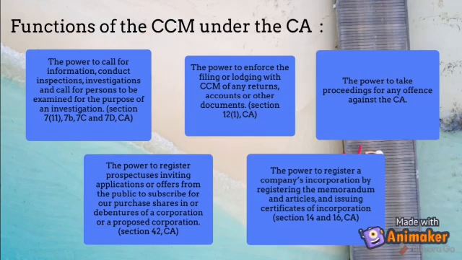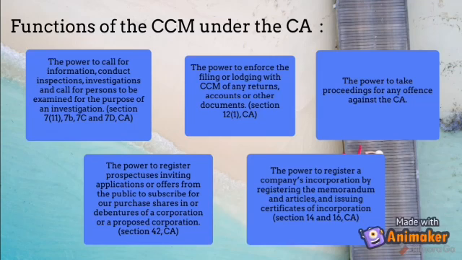Functions of CCM under the CA: the power to call for information, conduct inspections, investigations, and call for persons to be examined for the purpose of an investigation, Sections 7A, 7B, 7C and 7D, CA. The power to enforce the filing or lodging with CCM of any returns, accounts or other documents, Section 12(1), CA.